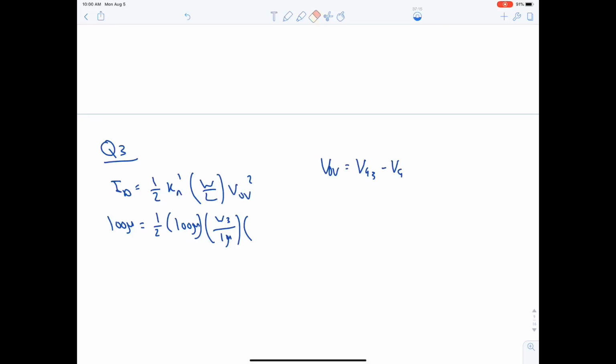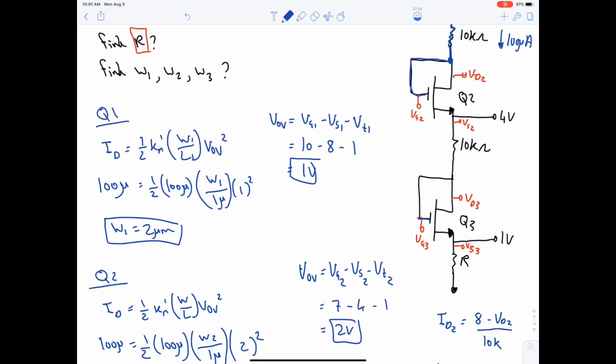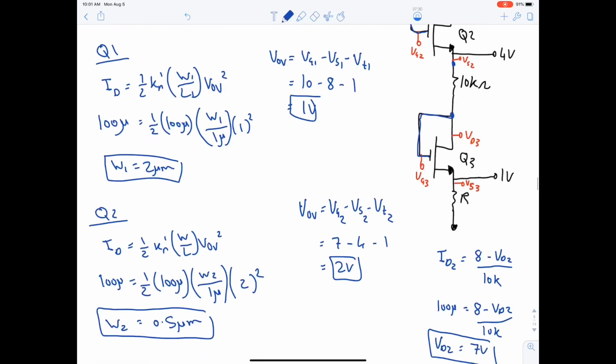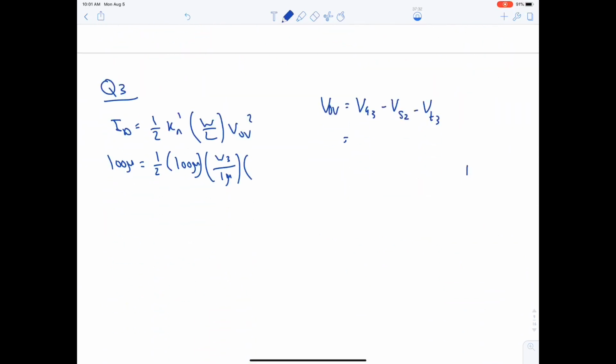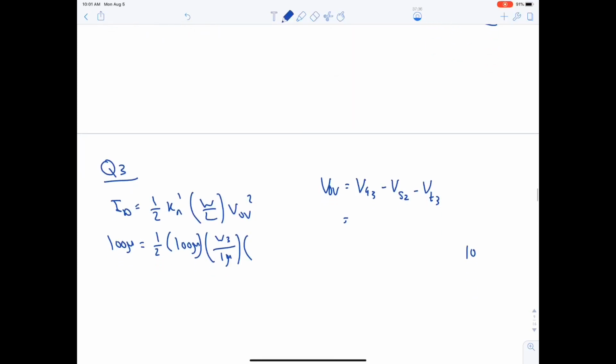VG minus VS3 minus VT3. Okay, so VG3 most probably it's unknown. Yes, it's unknown. We can find it through Ohm's law. It will be 4 minus something over 10K. So it's 10, I forgot. It's 4 minus VG3 over 10K. This is 100 micro, which is I.